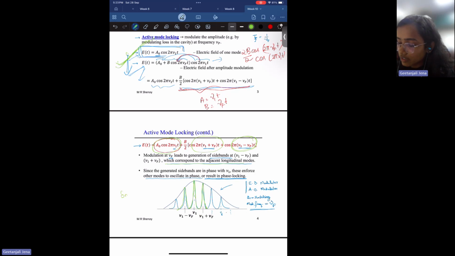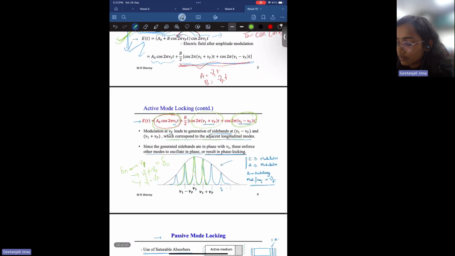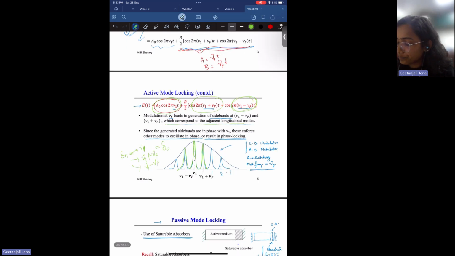That is, for nu 0, nu 1 plus nu f, and nu 1 minus nu f, the phase is constant, and we can take it as some value, phi 0. So in this way, by changing the amplitude of the system around frequency nu f, we can lock the phase of the oscillating longitudinal modes, and we can get a pulsed output.